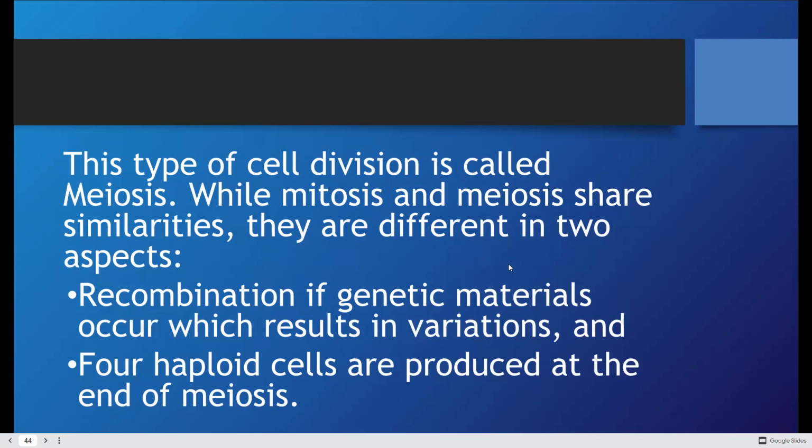Okay? By the way, again, what enables the cell to go from G1 to S, or from S to G2?